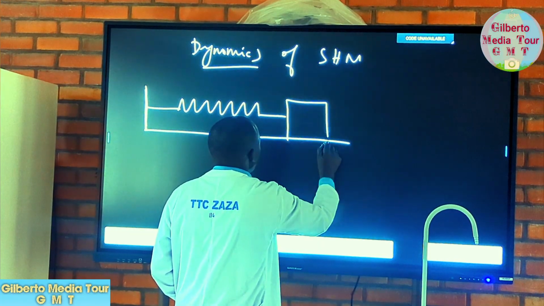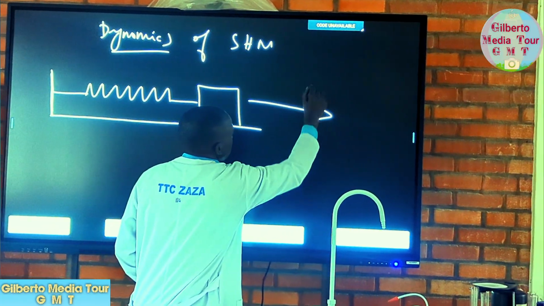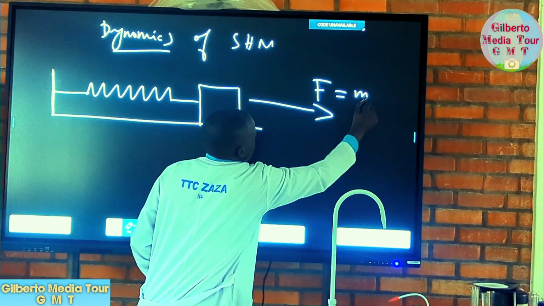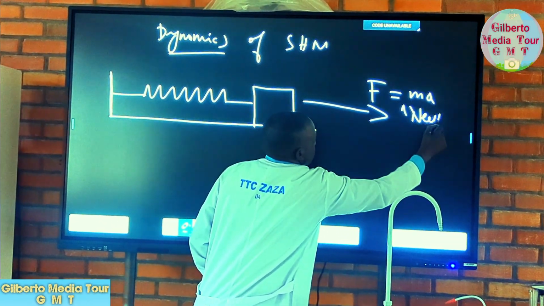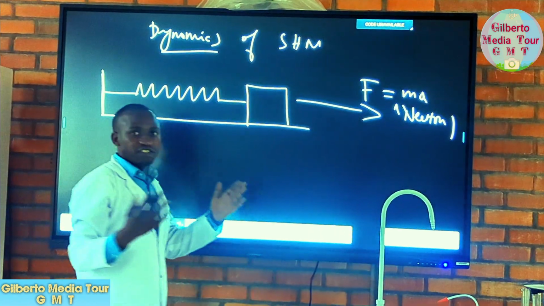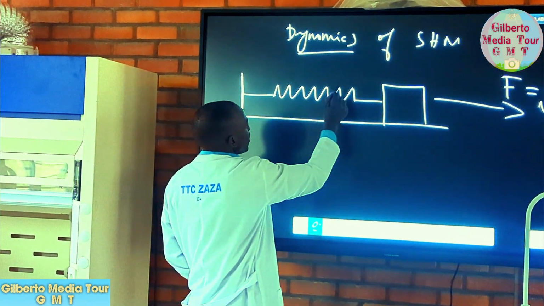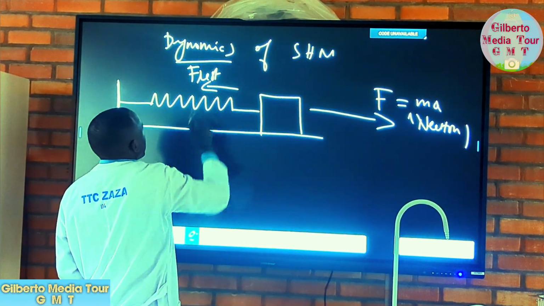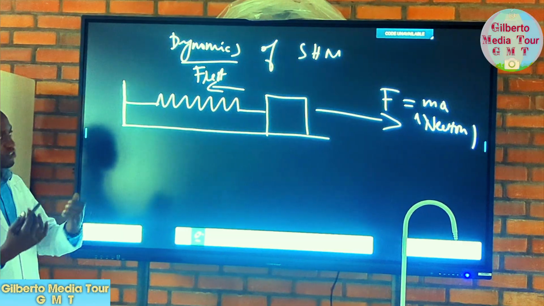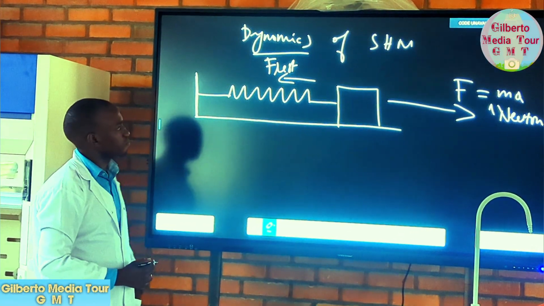On the table, we can exert a force, which is equal to mass times acceleration, according to Newton. It is the driving force, the force that can cause the motion. Also, for a spring, there is what we call the restoring force, a force that always brings back, which opposes the direction of motion.